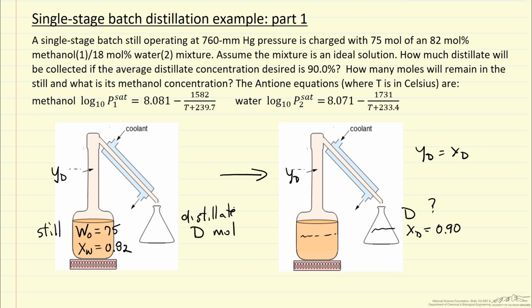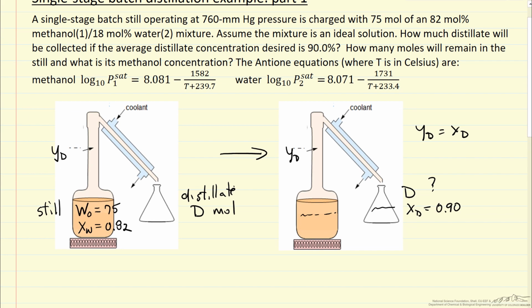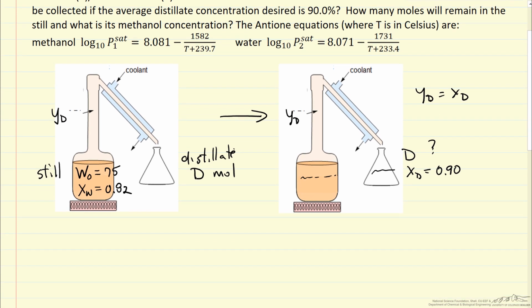So the equations that govern this behavior, where we have to account for the fact that the mole fraction XW and YD, and therefore XD, change with time. The mass balances are derived in a separate screencast, and what we want to look at here is how we go about dealing with this particular problem using those equations. And so the important equation is the Rayleigh equation that we derive from the mass balance.